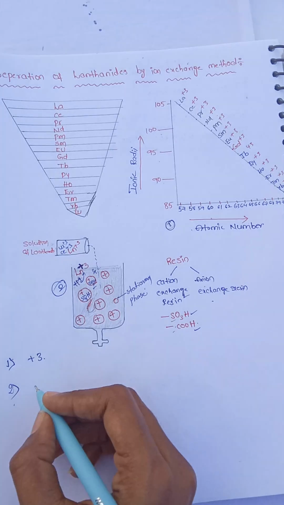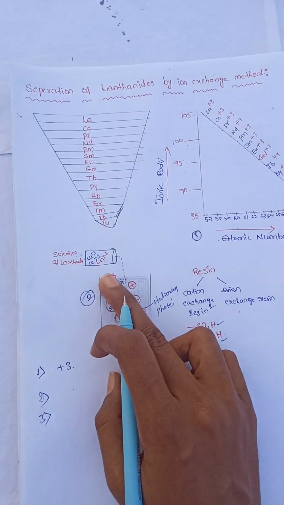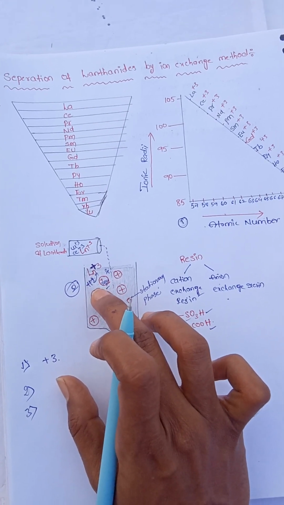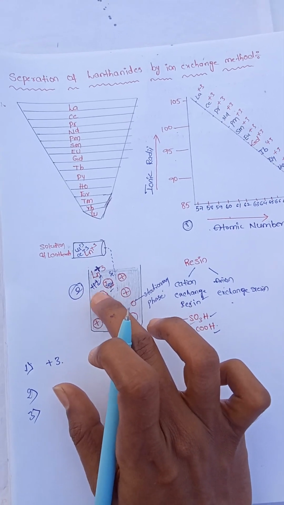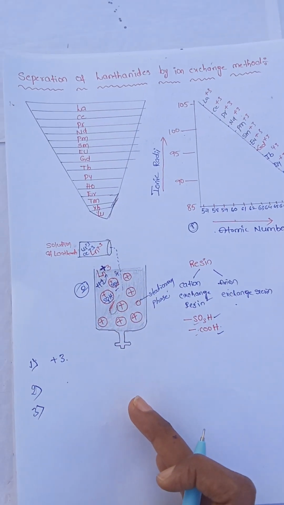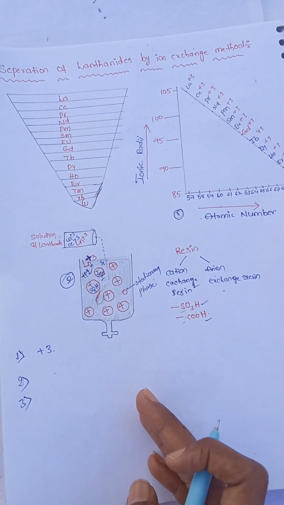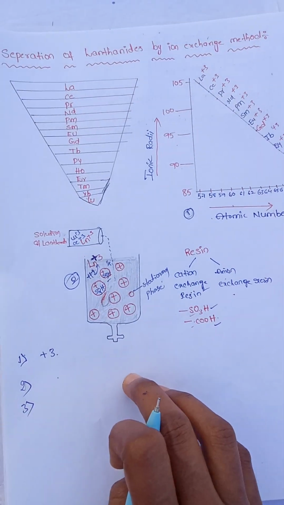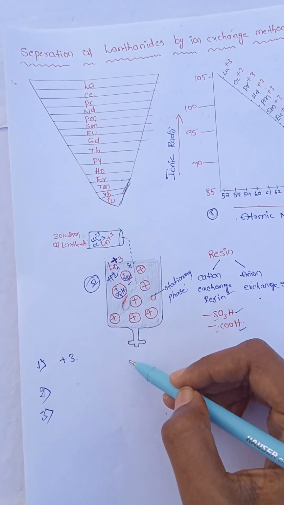The third point: when the resin has absorbed the lanthanum ions, now we have to separate them from the column.